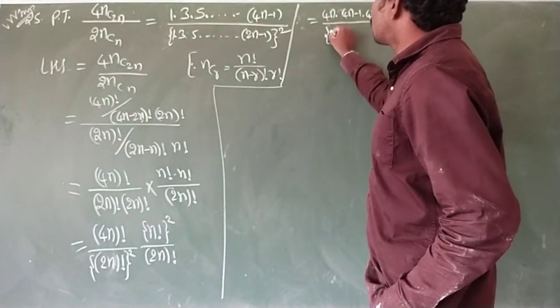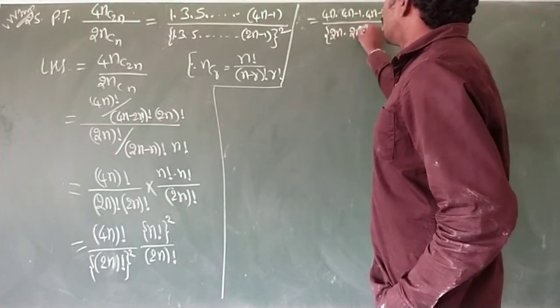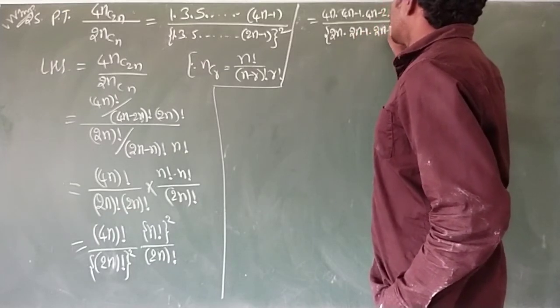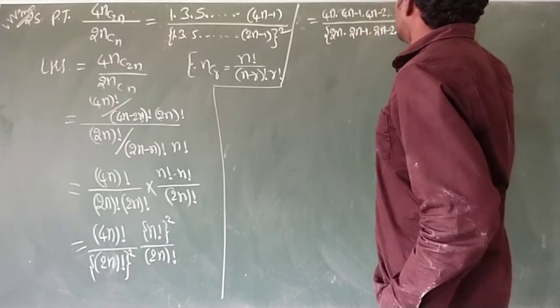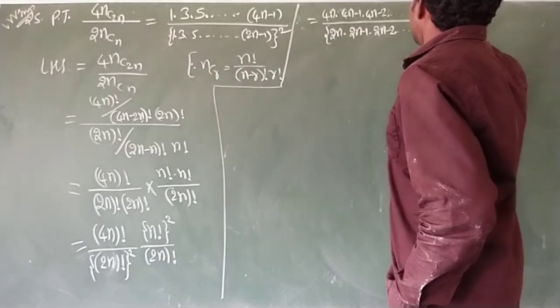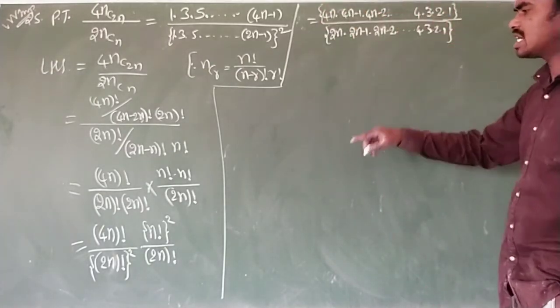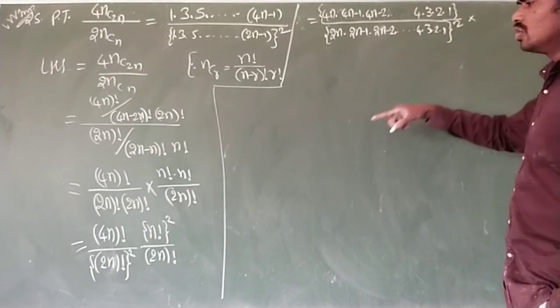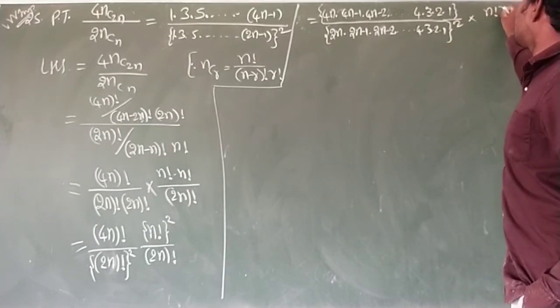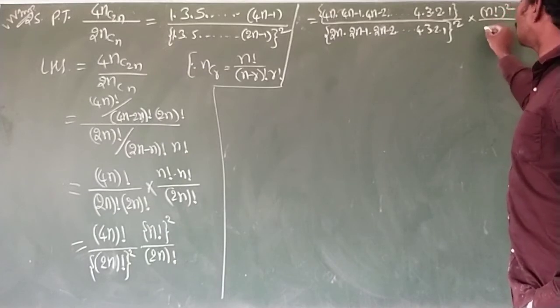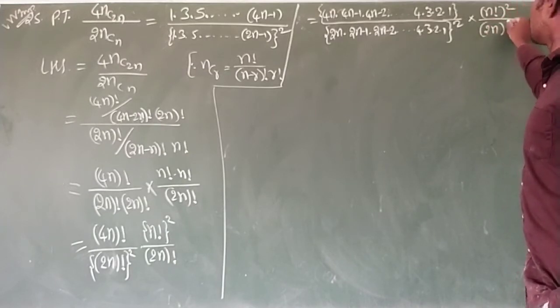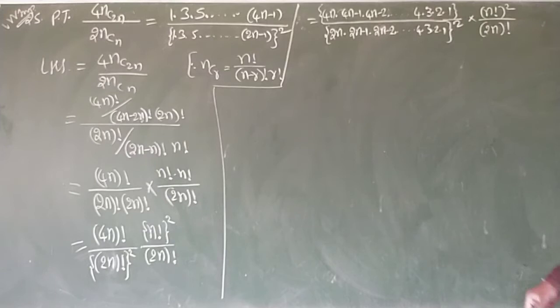So 2n factorial means what? 2n into (2n minus 1) into (2n minus 2) into so and so 4 into 3 into 2 into 1. Each and every term ends with 1 finally. It has a square, so n factorial whole square, keep it as it is. Don't touch this term. Okay, you can cancel easily.